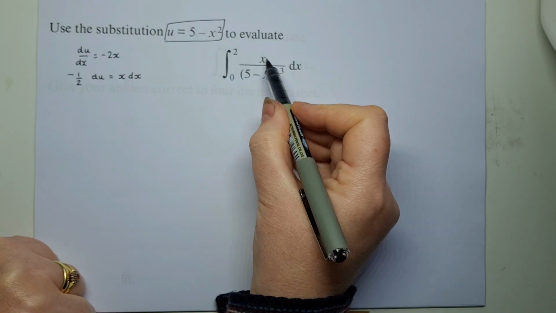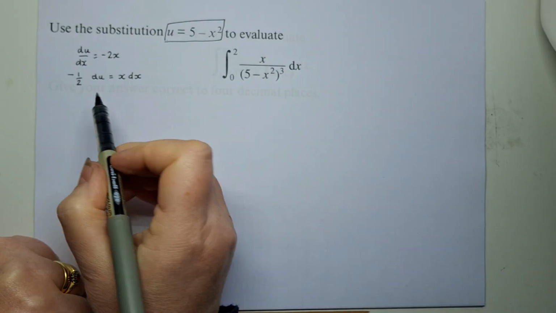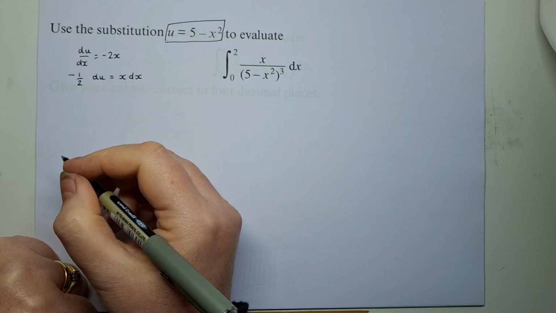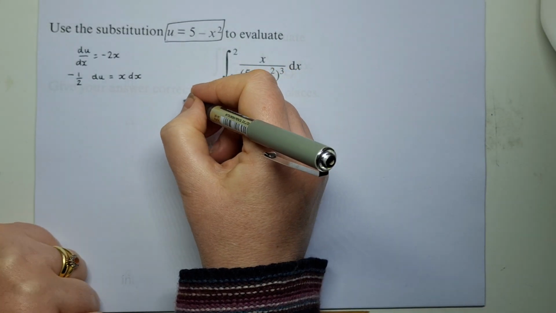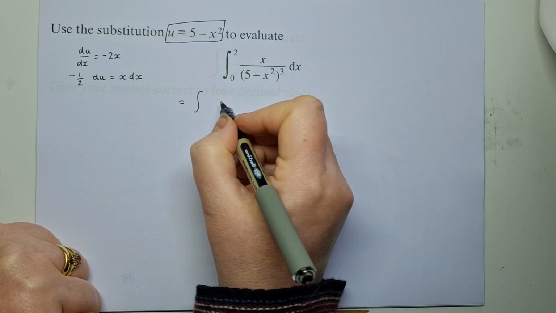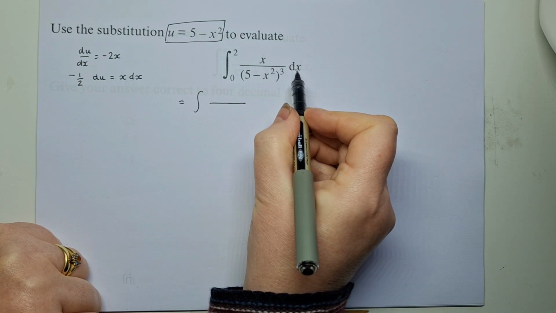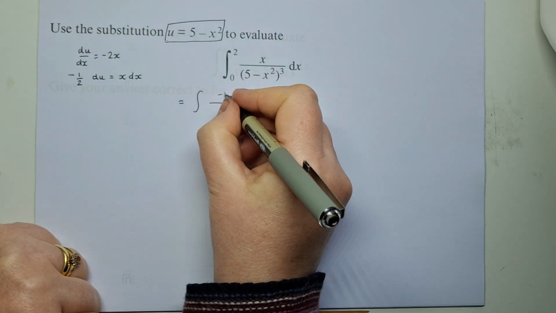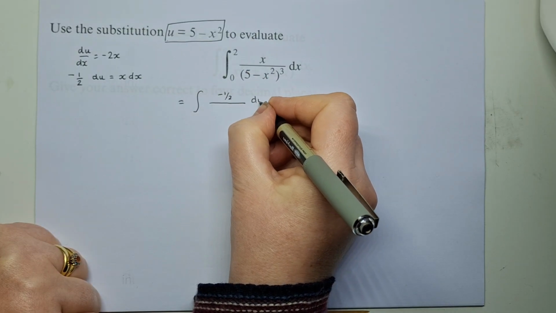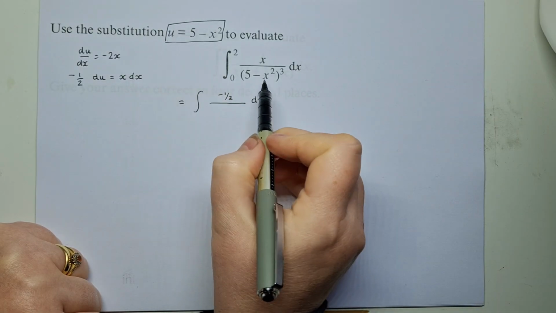That means the x and the dx in this original question can be replaced with minus a half du. As we start to do the substitution, let's write in what we know. The x and the dx I'm going to change into minus a half du. The denominator is obviously the u cubed.